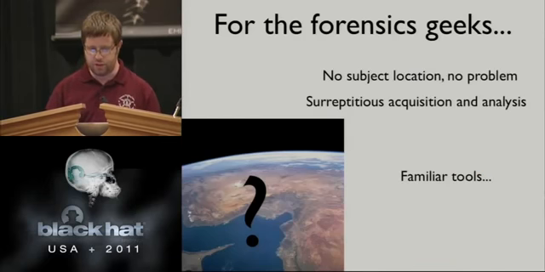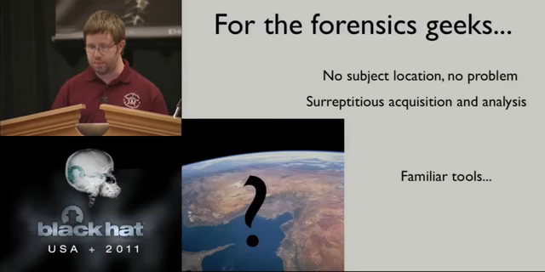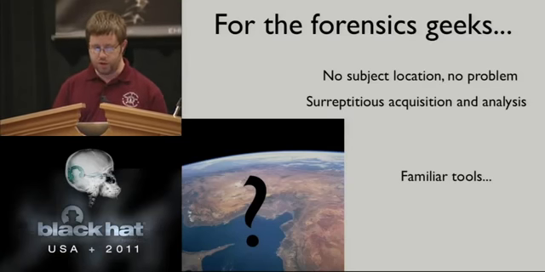So for the forensics geeks, the whole point of this talk is this covert and remote aspect of doing forensics. Doing this remotely and covertly may mean that if we don't have the suspect's location, or the subject of the investigation's location, it may not necessarily be a problem anymore.